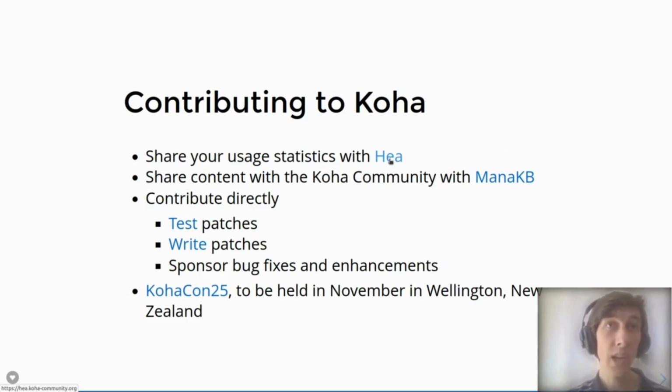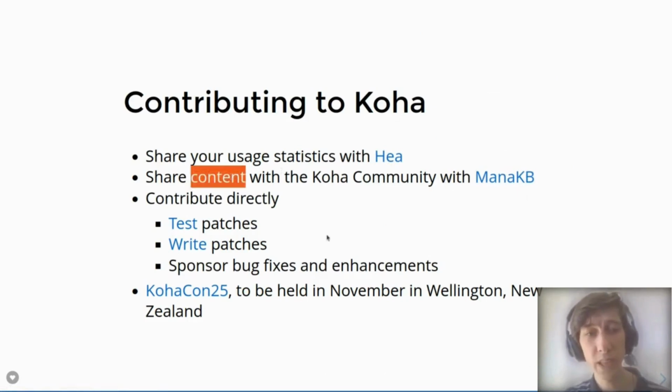So it's a great way to collaborate with other libraries. You do have to be careful that the SQL reports are valid for your Koha version. So it's always best to try it out in your Koha test site first, because old SQL reports aren't necessarily removed from ManaKB, so you might end up downloading an old invalid report. So always best to check these things on test first.